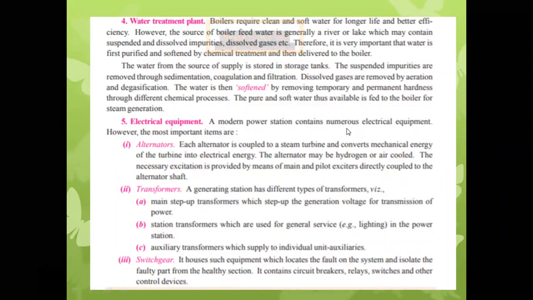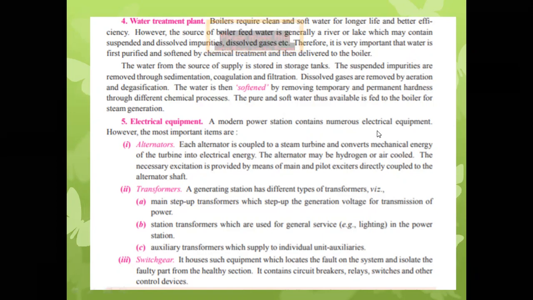To control that faulty situation, we have to use switch gear devices. In order to clear the fault, locate the fault, and isolate the faulty part, we require the switch gear. So this is a very important part of your electrical equipment.